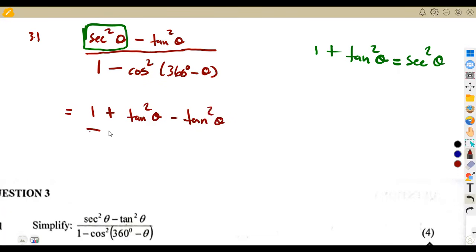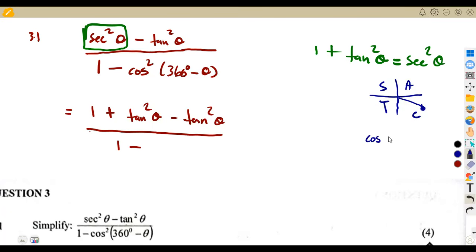Everything over, in the denominator, we are given 1 minus cos squared of 360 minus theta. If we consider back our quadrants, 360 degrees minus theta is in the fourth quadrant. And from the CAST concept, in the fourth quadrant, cos is positive. So the cosine of 360 degrees minus theta is equal to the cos of theta.